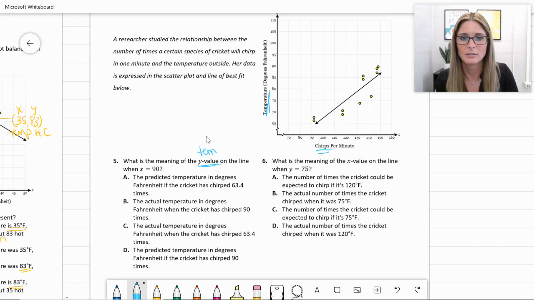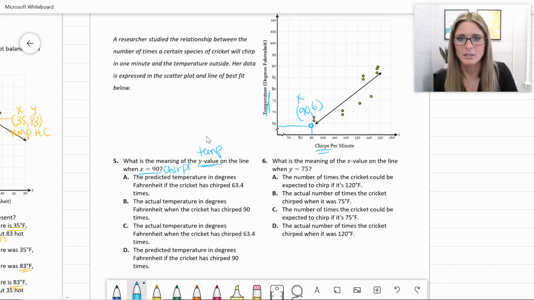That's our temperature. So what is the temperature on the line when x equals 90? And remember, x is the number of chirps. I'll label that for me. X is 90. We might have a point here. And we'll find our y value, right?